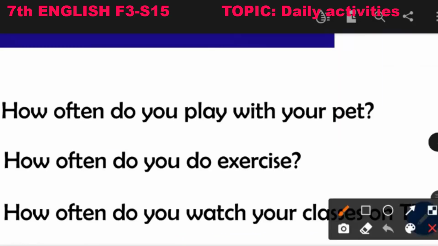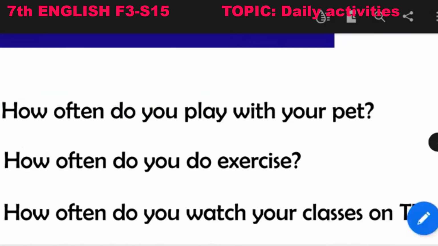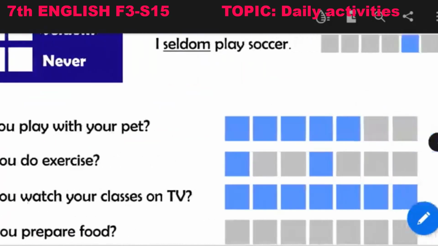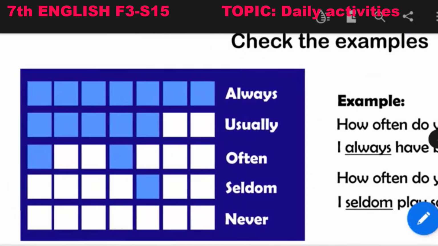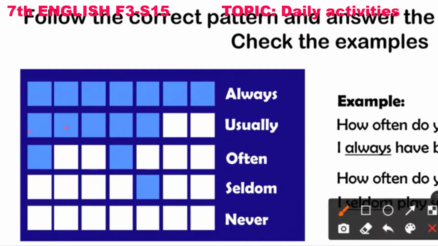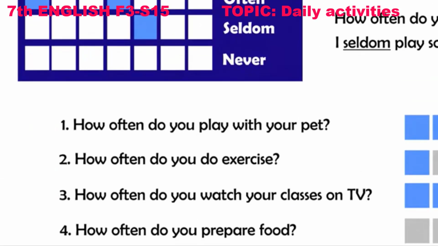Now, let's have another example. How often, qué tan a menudo, do you play with your pet? ¿Y cuántos están marcados? 1, 2, 3, 4, 5. This is usually. La respuesta sería con usually. So, ¿cómo sería?